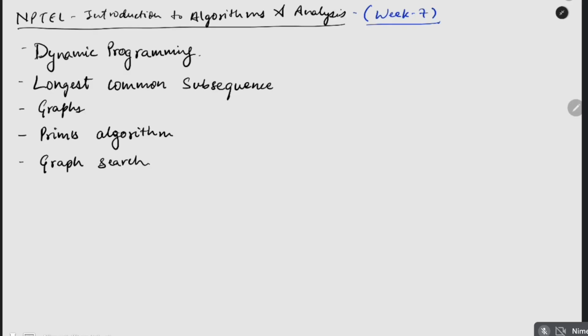Wherever required, I will also discuss the theory beforehand so that it becomes much easier to understand the approach for the problems. Okay, so we'll start with a discussion of dynamic programming.